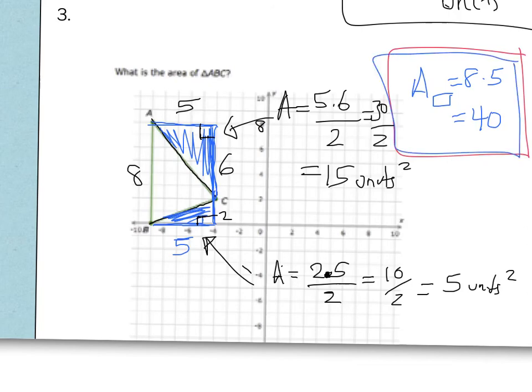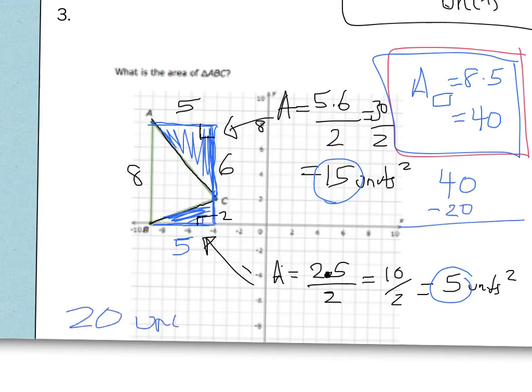So we're going to take our 40 and subtract 5 and 15, which would be 20, and we're going to have our answer of 20 units squared. And that's our answer. And again, it was not a right triangle, so we had to build a box around it and take away the areas of the right triangles to find what we needed.